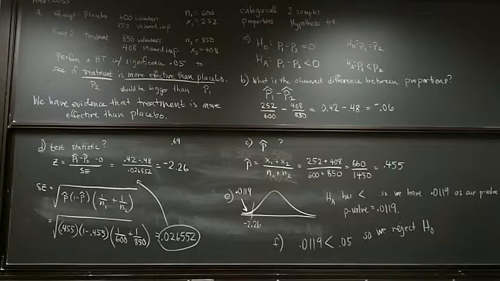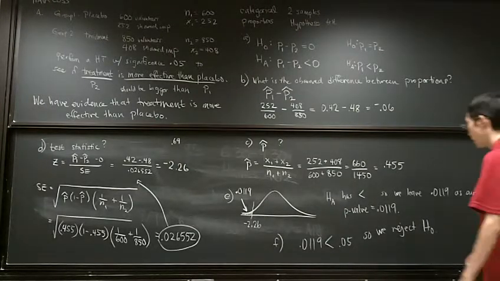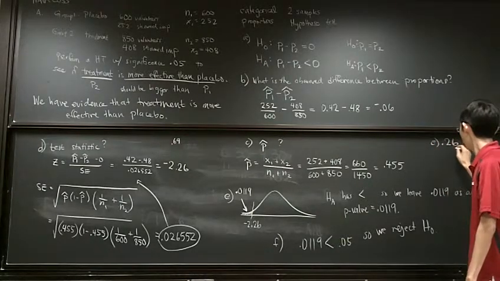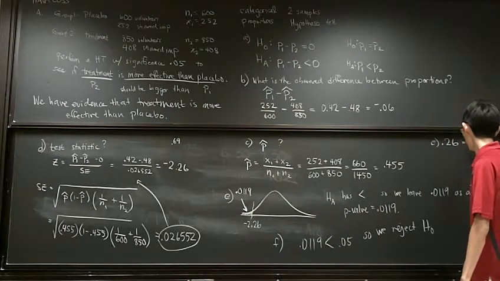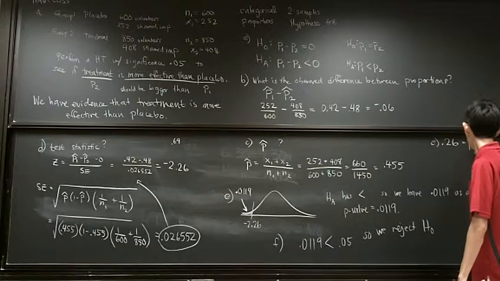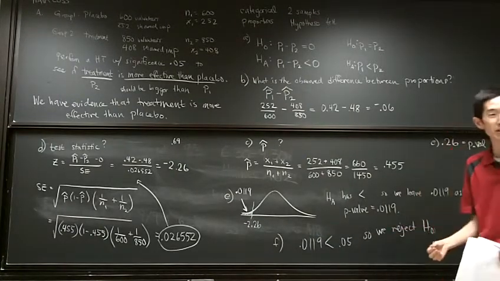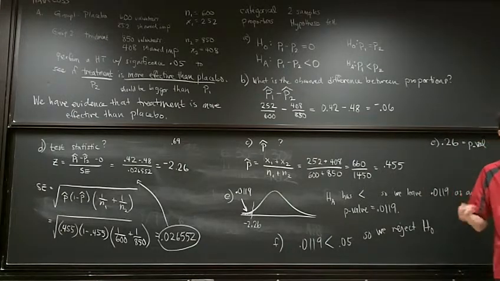I have to look this up in the z-table. Your p-value is equal to 0.26, so you would not reject the null hypothesis in the other version.